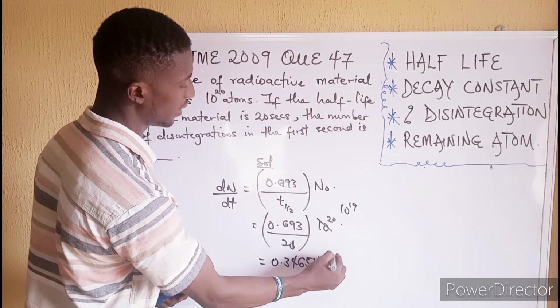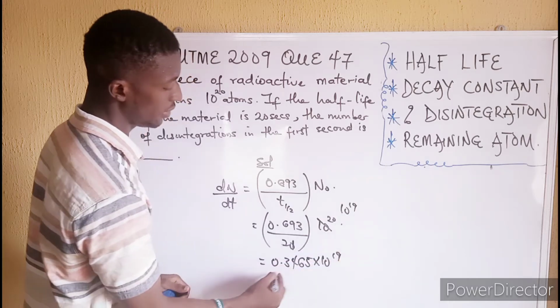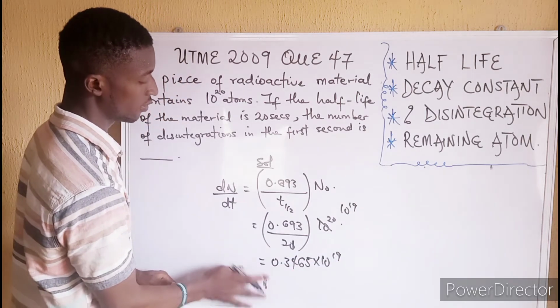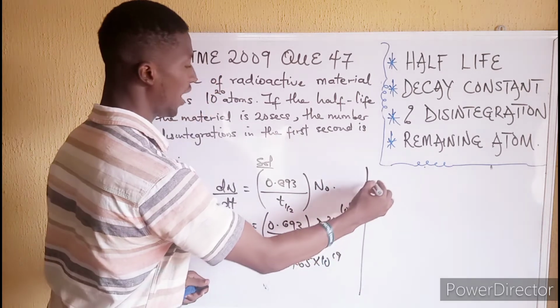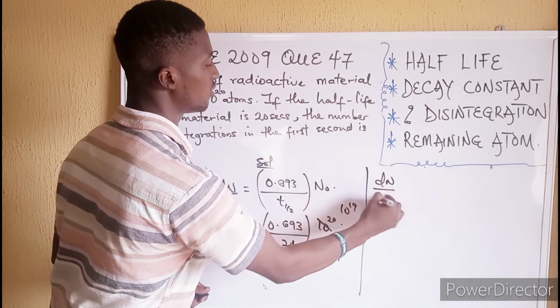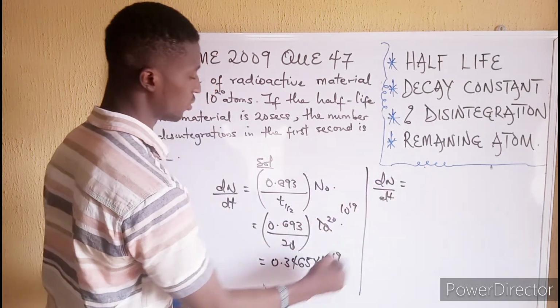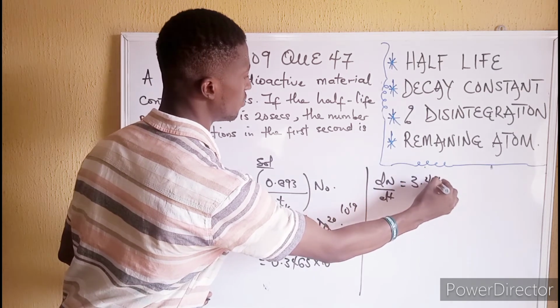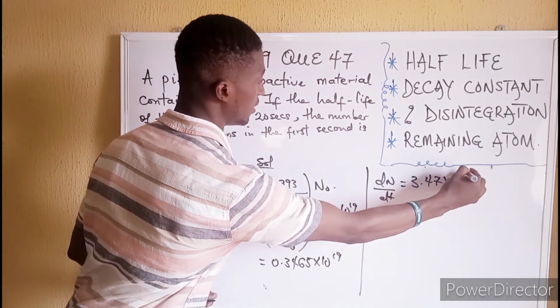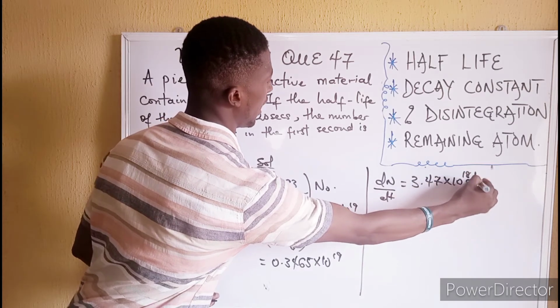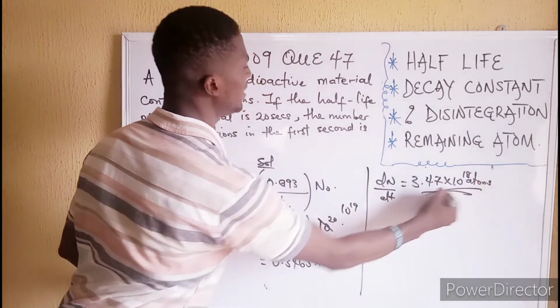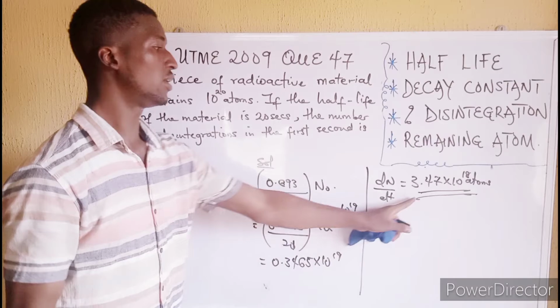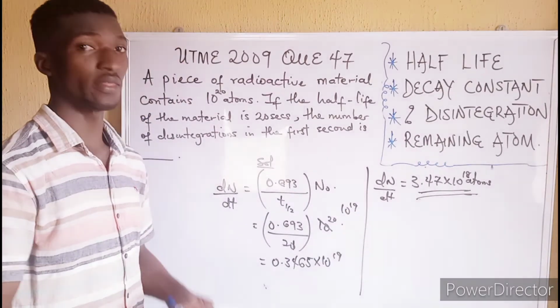That is times 10 raised to power 19. And from here, I'll have that the number of disintegration per unit time is equal to 3.47 times 10 raised to power 18 atoms. So it means that in every 1 second, this is the total number of disintegration that we are having.